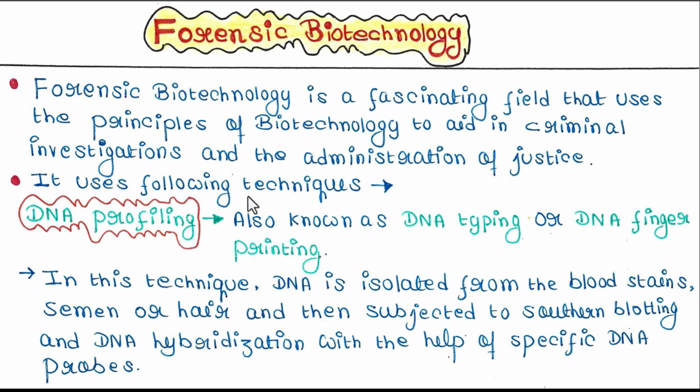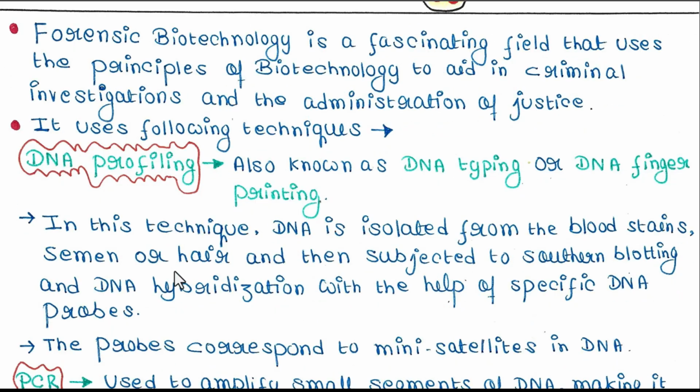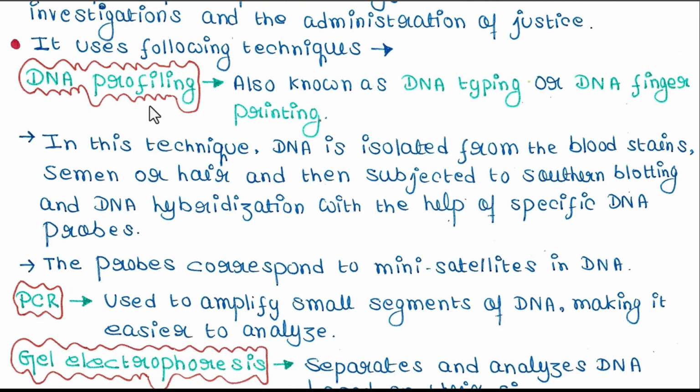It uses the following techniques, such as DNA profiling. DNA profiling is also known as DNA typing or DNA fingerprinting. In this technique, first the DNA is isolated from the sample, such as blood stains, semen or hair, and then it is subjected to southern blotting technique and DNA hybridization with the help of specific DNA probes.